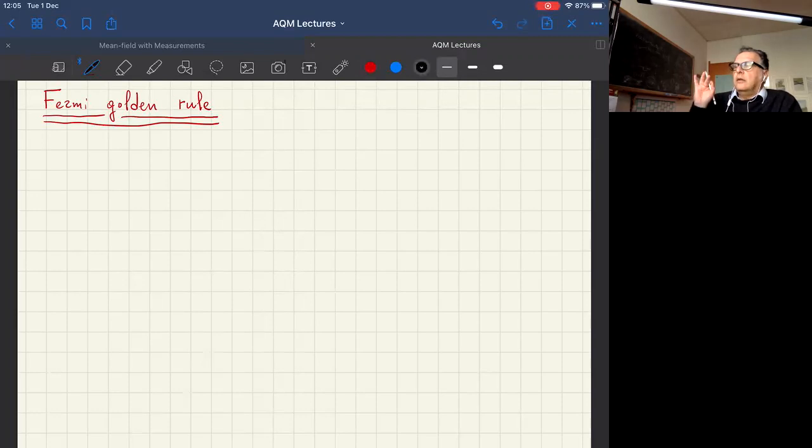So Fermi golden rule is an expression which allows us to determine the probability of transition from one state to another per unit time. Okay, so Fermi golden rule allows us to determine the transition rate.